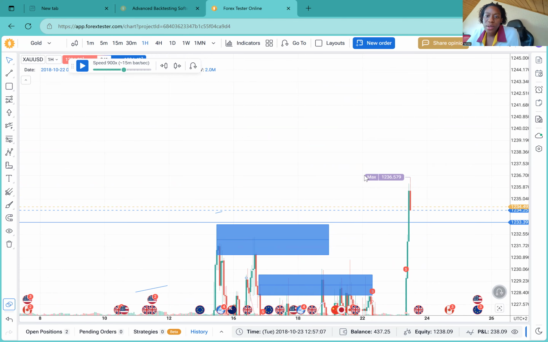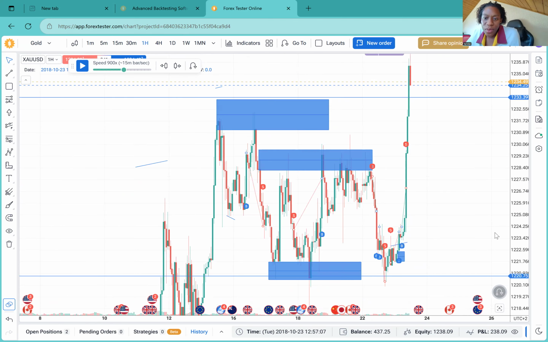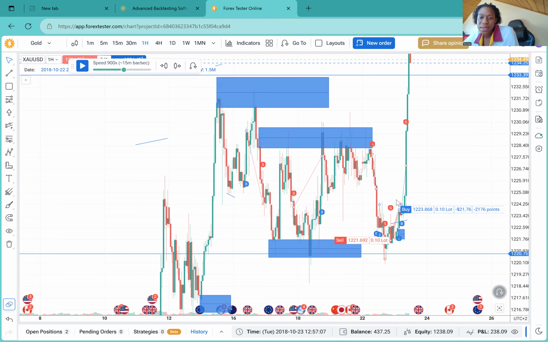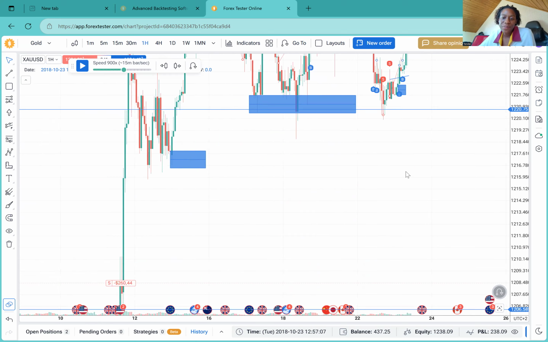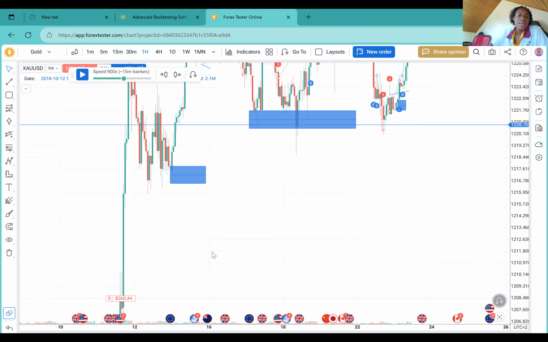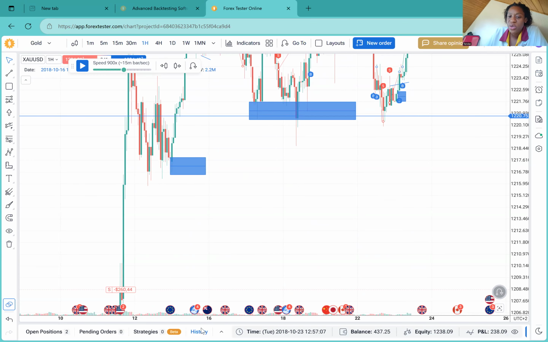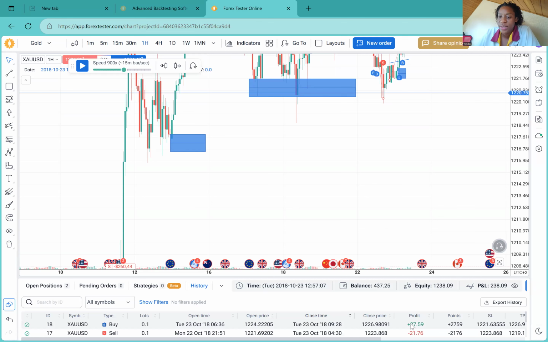So if we look in hindsight, oh wow, this was perfect, guys. So we entered here in the 1 minute and boom, reached our TP. Yeah, that's how it should be. It should be very, very, very calculated. So even though the lot size was low, but it's a green, it's a win.